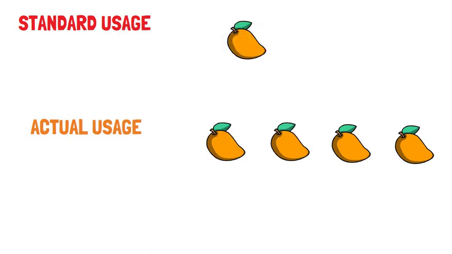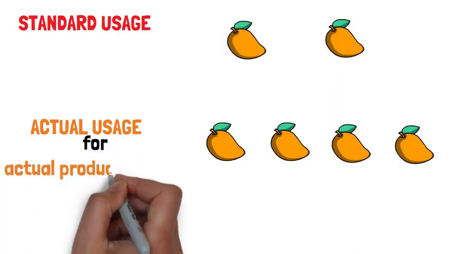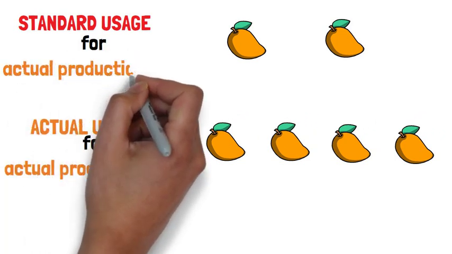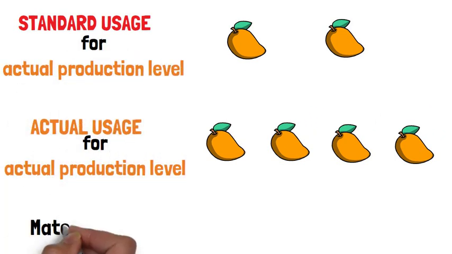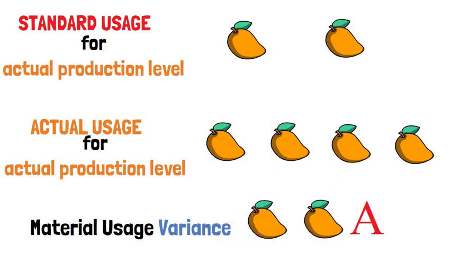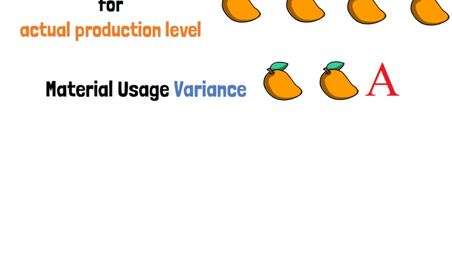So the actual usage for the actual production level is 4 mangoes, and the standard usage for the actual production level is 2 mangoes. Therefore, the material usage variance is 2 mangoes, and it is an adverse variance since we have used more than what we had expected to use.